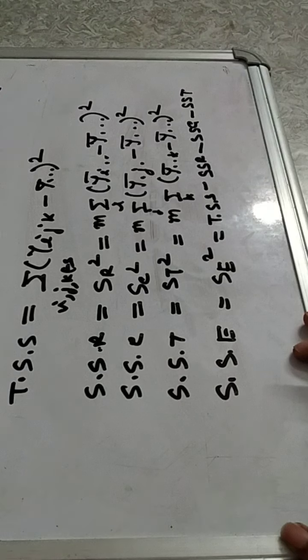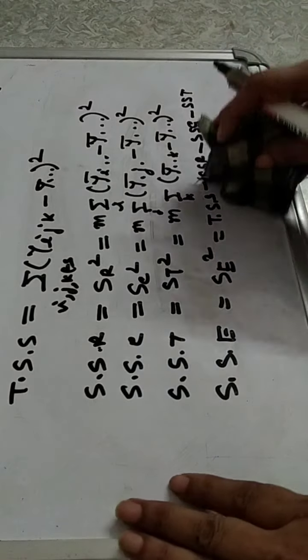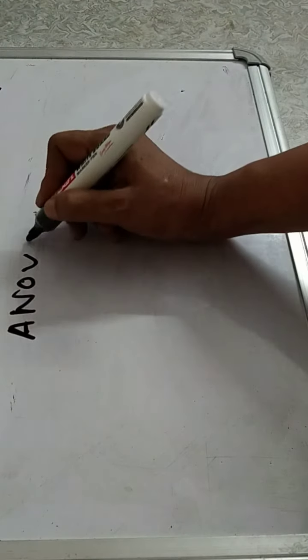Now we represent this in a table. This is the ANOVA table for m by m LSD.